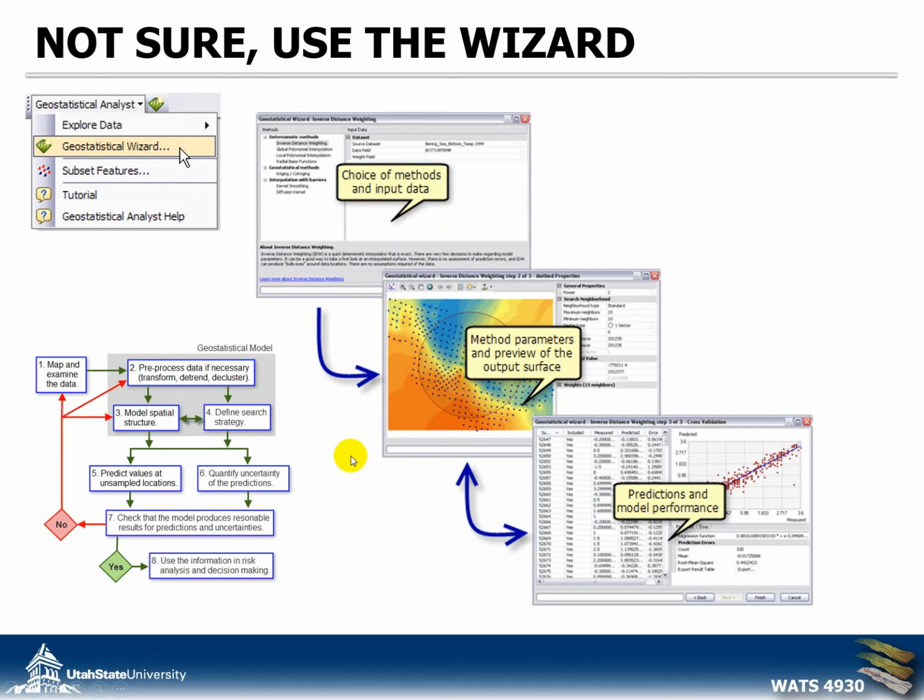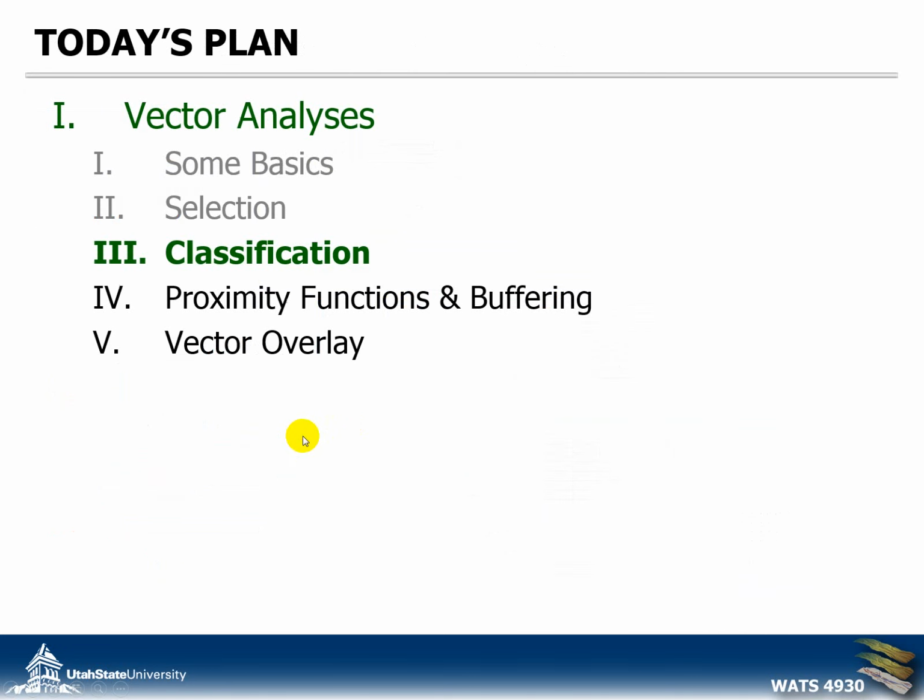We don't have any labs on this this semester. We've got too much else on our plate, but there are some really good online tutorials you can take from Esri on doing these. There are a couple of free ones walking you through the geostatistical toolbox. There's also a Geostatistical Wizard which will walk you through the steps and ask you a series of questions to help you out.